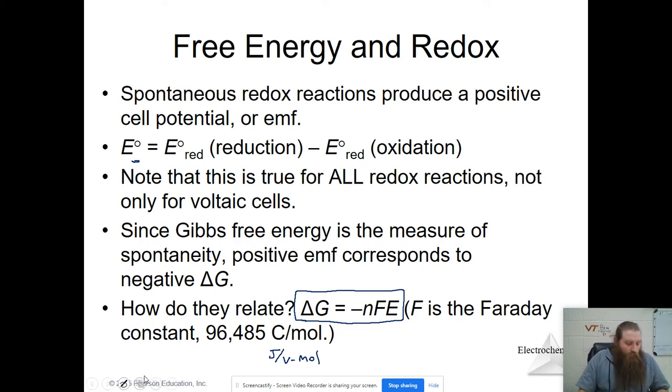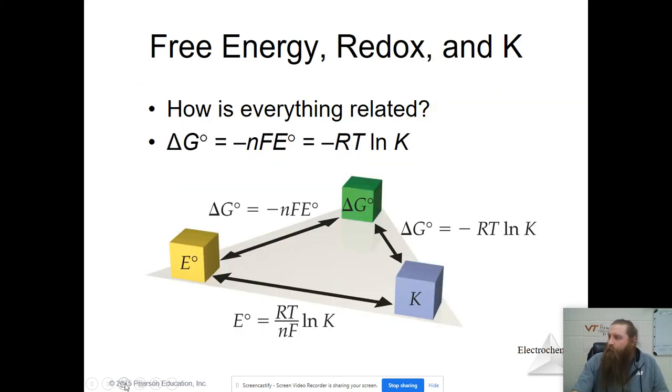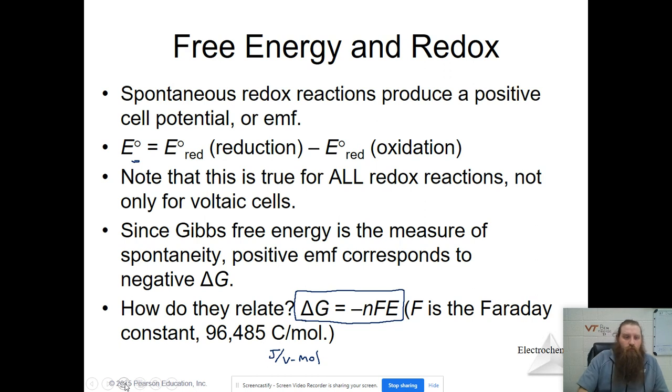I was going to say you might want to memorize Faraday's constant, but it is on your AP constant sheet, so you don't need to memorize it. N right here has to be a positive number, and it's an integer.